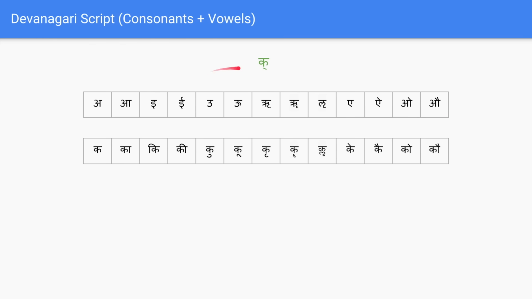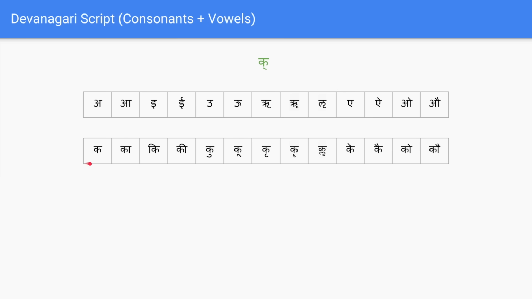Example: k plus a becomes ka, k plus i becomes ki, k plus u becomes ku, k plus ru becomes kru, k plus e becomes ke, k plus ai becomes kai, k plus o becomes ko, k plus au becomes kau.